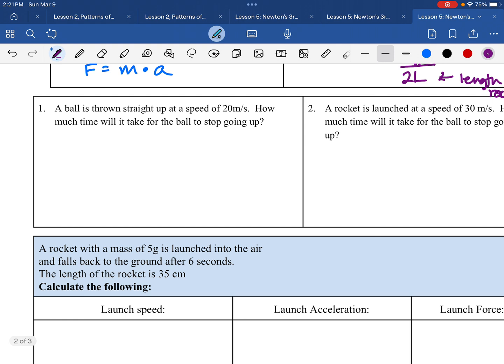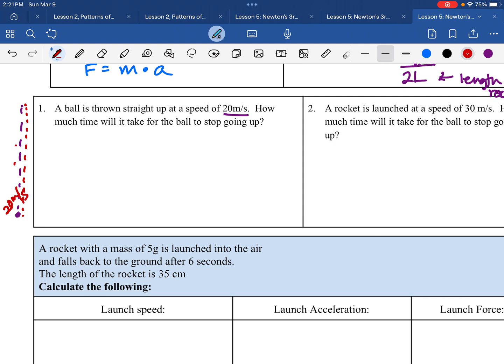So the first one, a ball is thrown straight up at a speed of 20 meters per second. How much time will it take for the ball to stop going up? Okay, so let's imagine here's a ball at the ground, and it's going straight up, and then it's coming straight back down. Right? And the speed that the person has thrown it is 20 meters per second. Now, what is making it slow down?